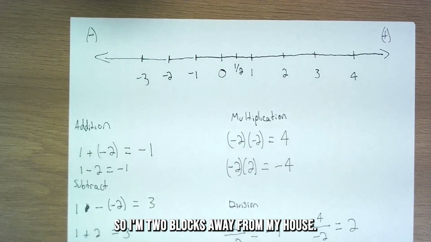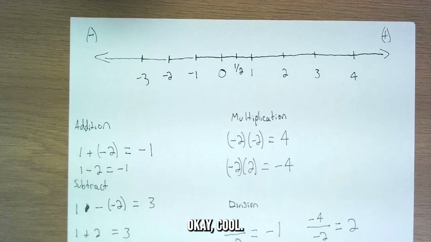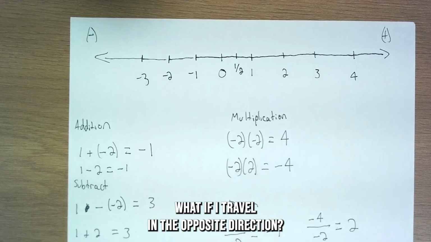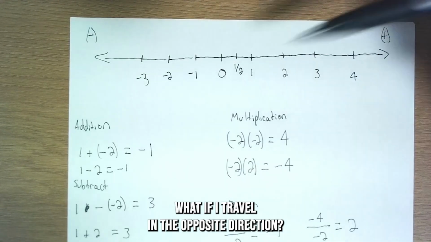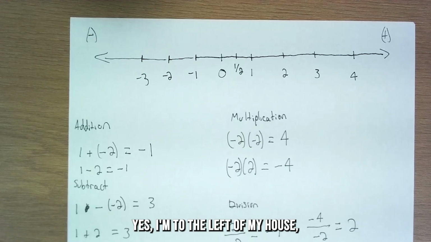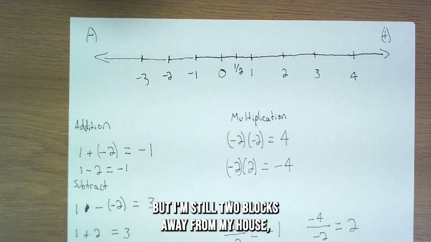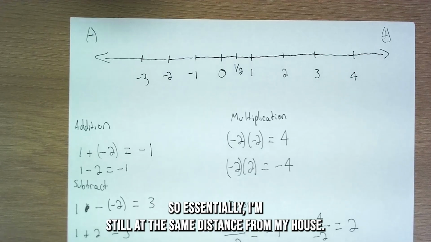So I'm 2 blocks away from my house. Okay, cool. What if I travel in the opposite direction? Yes, I'm to the left of my house, but I'm still 2 blocks away from my house. So I'm still at the same distance from my house.